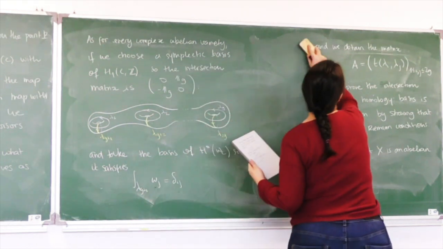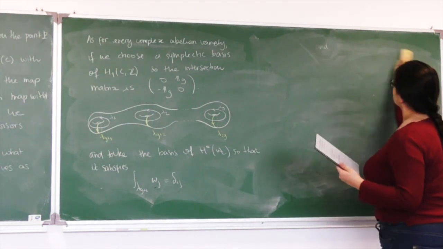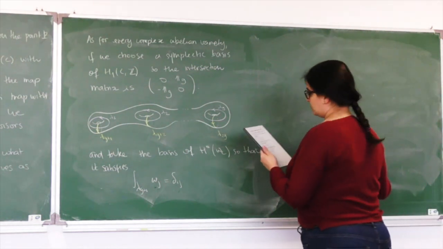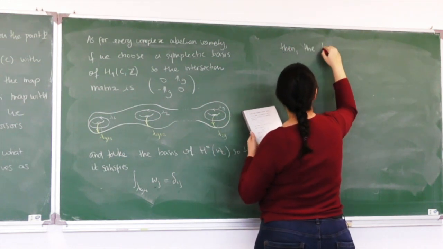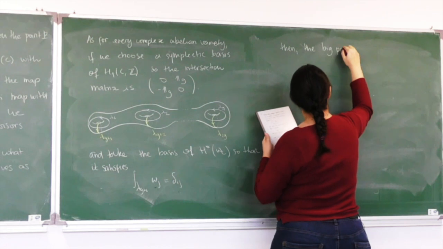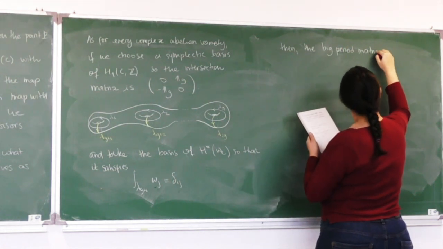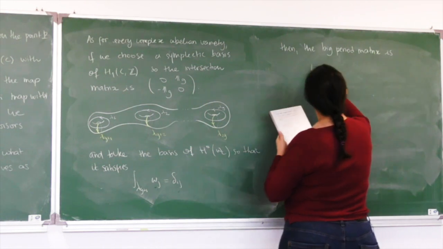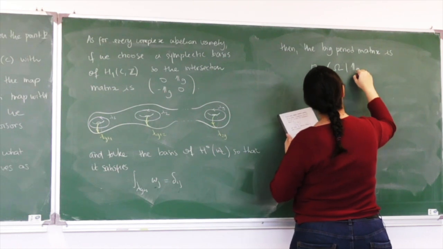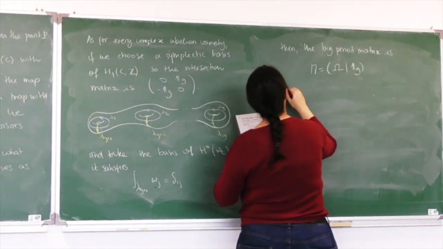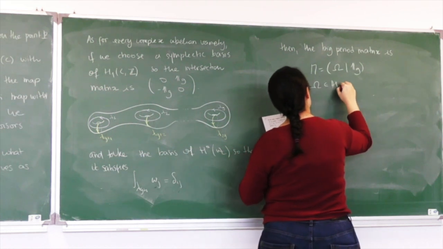Then the big period matrix is simply Pi equals (Omega, identity of dimension G), with Omega in the Siegel upper half space.